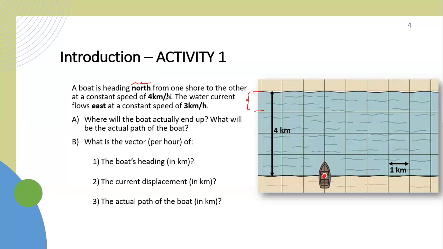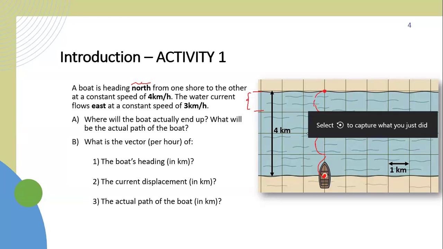When they tell us 4 kilometers per hour, it means that every 1 hour it will be 4 kilometers. So if it is moving north, it will move 1 kilometer up to this point, 2 up to this point, 3, and then this is the 4th kilometer. So it means that our boat is somewhere here. That is where it has stopped.